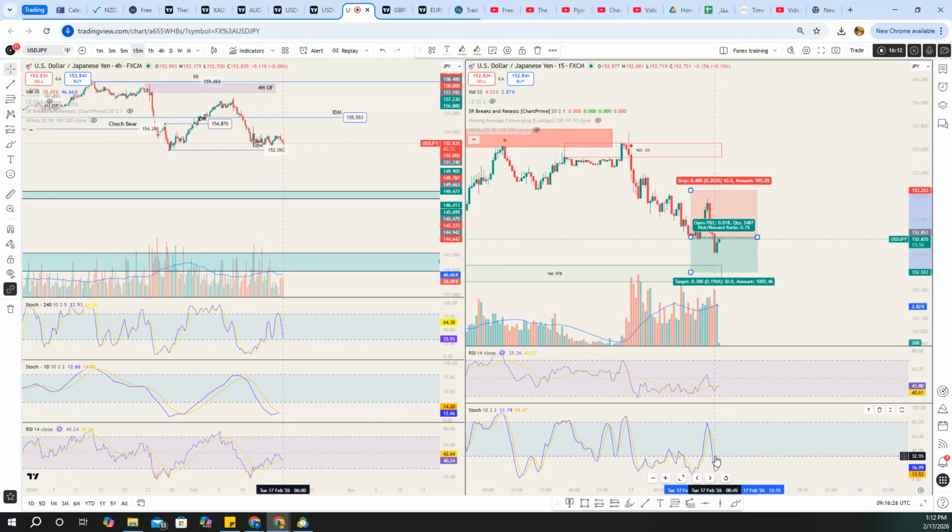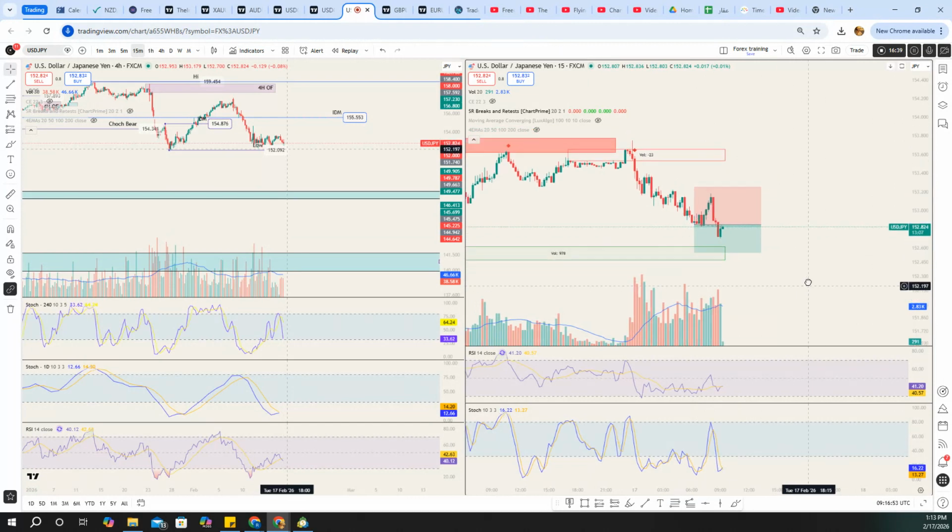I wouldn't have had to go through this emotional turmoil if I had stuck to my plan. Anyway, this is today's trade.